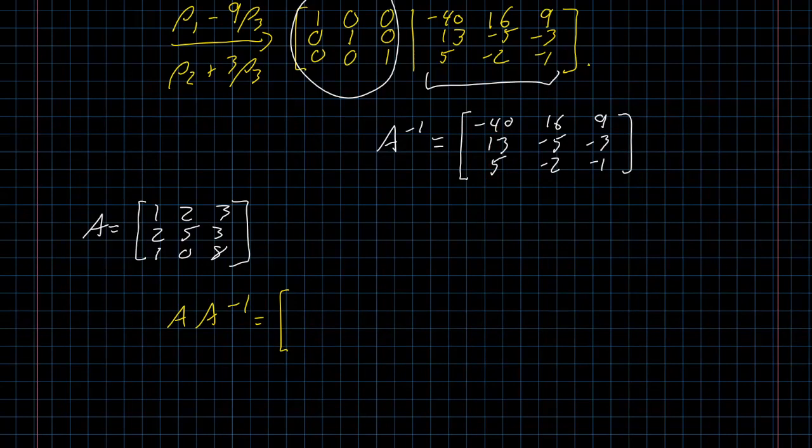I've got 1 times -40, which is -40. I've got 2 times 13, which is 26. I've got 3 times 5, which is 15. First row, second column. I've got 16, -10, and -6. First row, third column. I've got 9, -6, and -3.